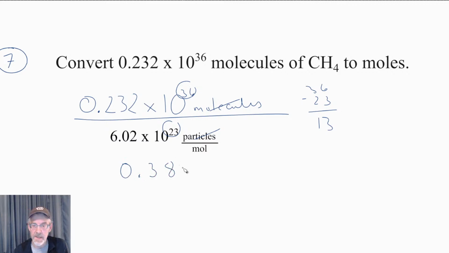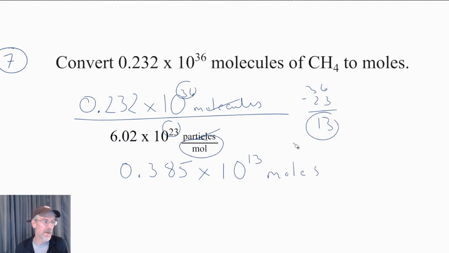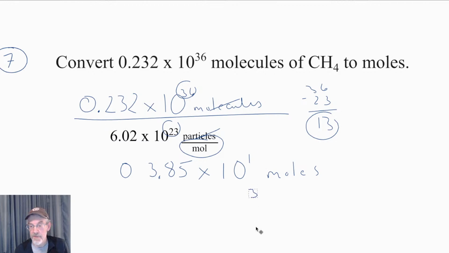I hope that's right. Times 10 we subtracted to the 13th, and that's moles. Then if you wanted to change it, you could move this here. That would make this bigger, but then we have to make this smaller now by 10. So that's what I end up with.